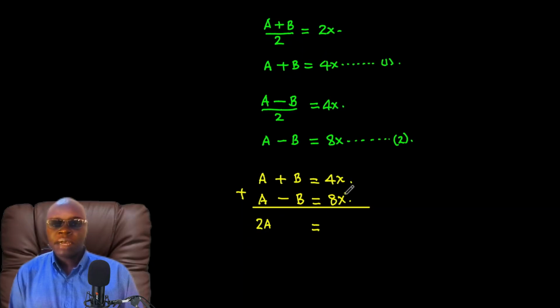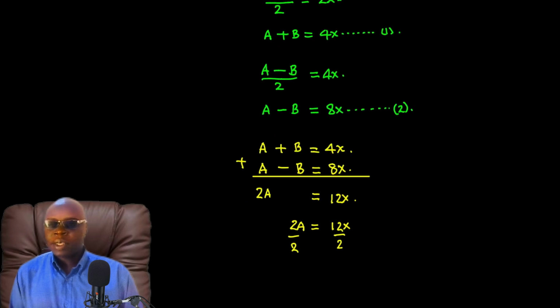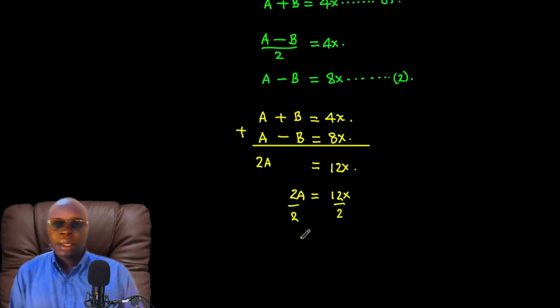And 4x plus 8x gives 12x. We get A by dividing both sides by 2, and 12x over 2 gives 6. So our value of A is 6x.